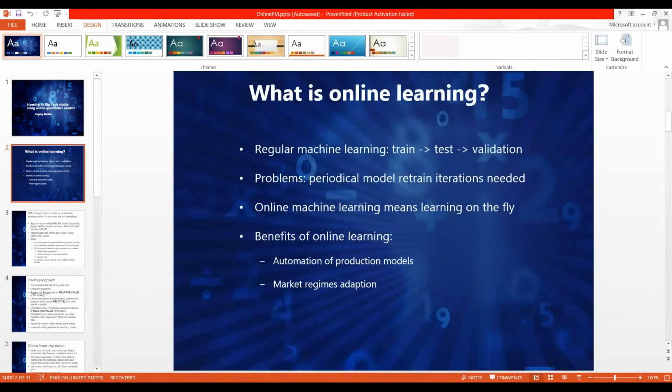Online learning allows for deeper automation of algorithmic trading in comparison with traditional regular model retraining with subsequent cross-validation. This is because such models can adapt their parameters on the fly while being used in real-time trading simultaneously.